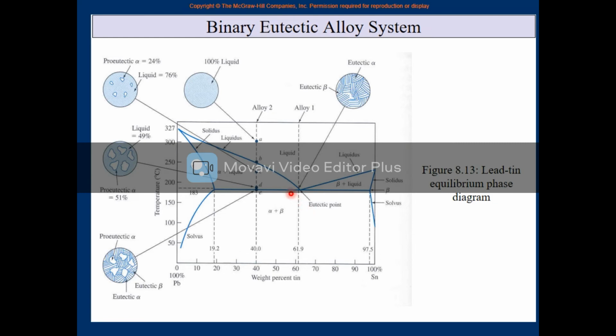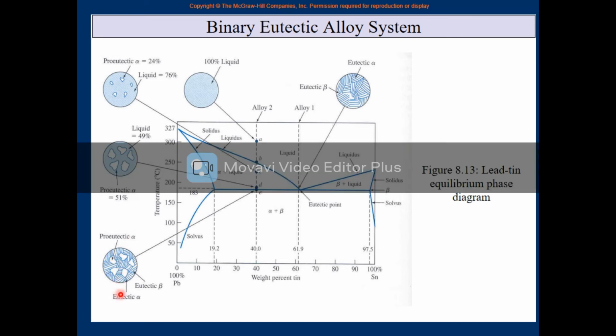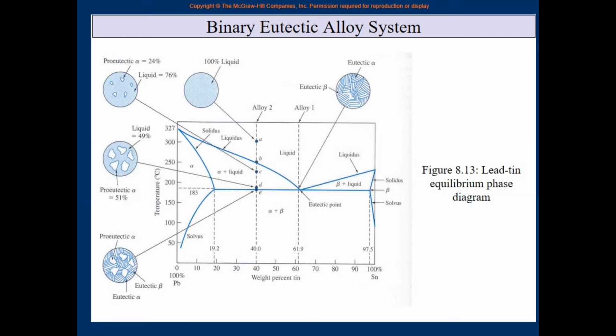And once we hit 183, whatever remaining liquid was there is converted into alpha plus beta, but this is now eutectic alpha and eutectic beta. So the solid formed earlier is pro-eutectic alpha, and the dashed line region is eutectic alpha and eutectic beta, right? So this is it. Hopefully you are learning a lot.